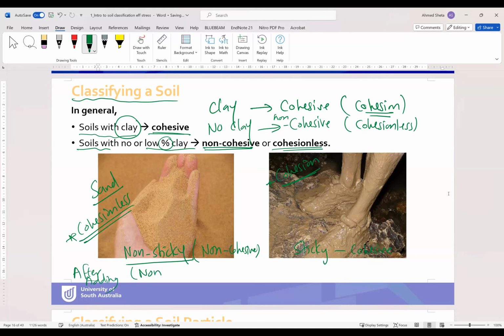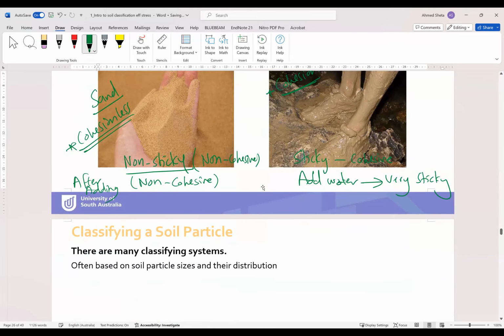It will not be very sticky and you can break the soil easily. But if you add water to the clay, it becomes very sticky, as in the image. This stickiness is because of the cohesion. If we go to the next slide.